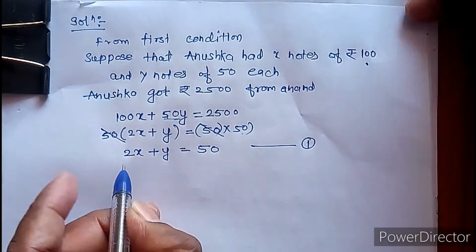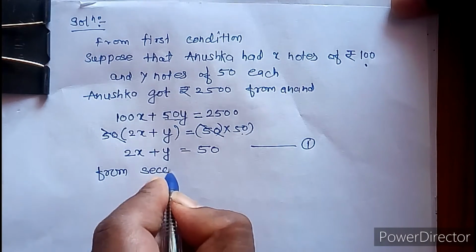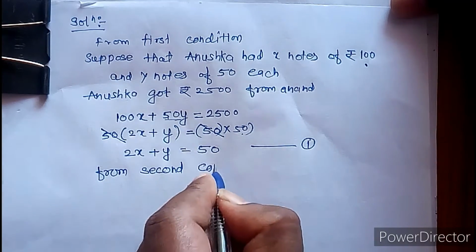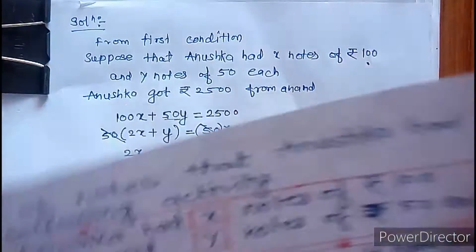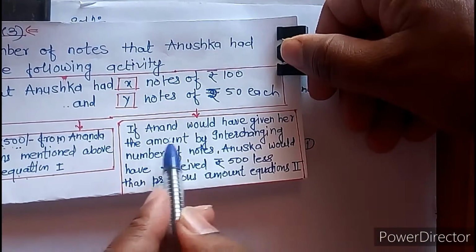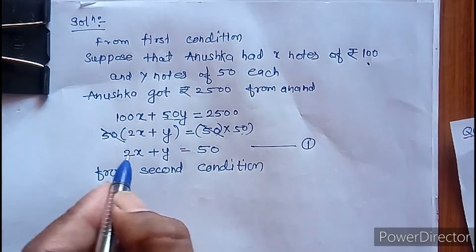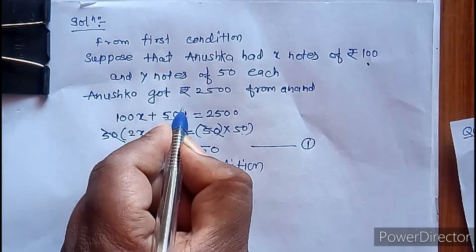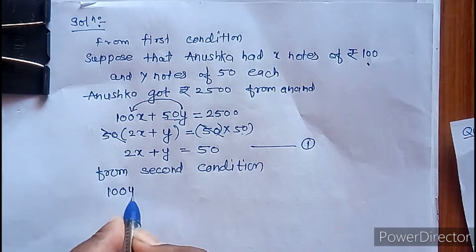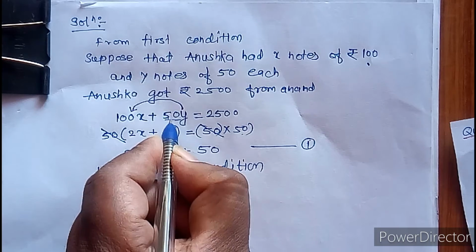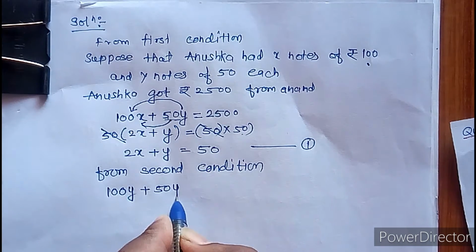Now the second condition. Therefore from the second condition, if Anand would have given her the amount by interchanging the number of notes, means we have to interchange the number of notes. Now Y will be the coefficient of 100, that is 100 of y plus, and 50 will be the coefficient of x, that is 50 of x.